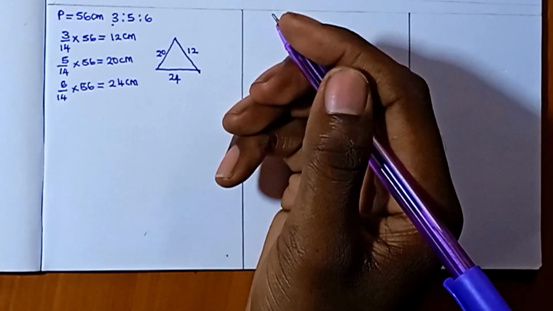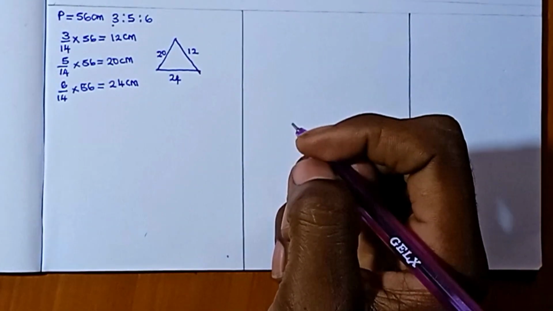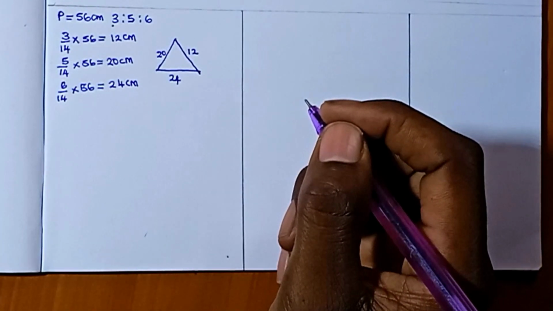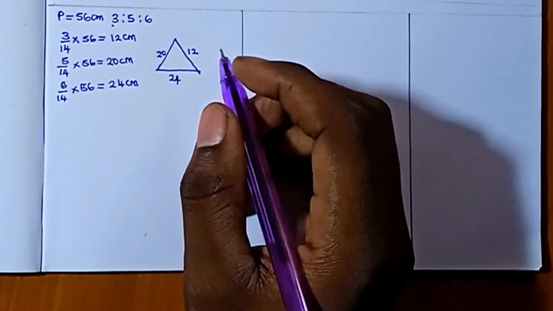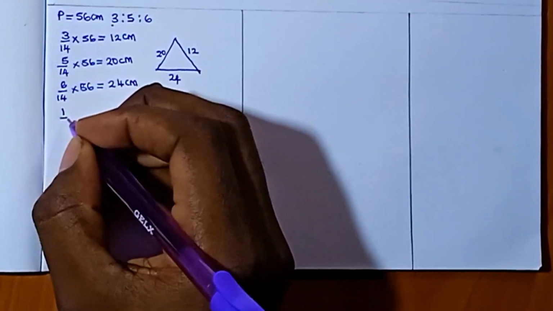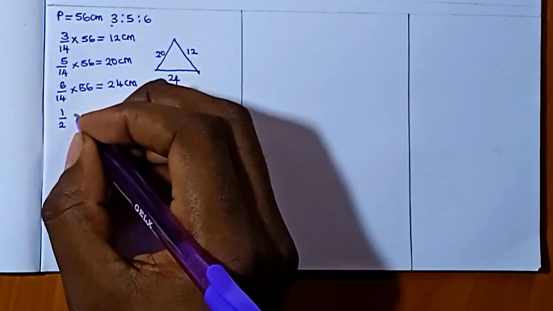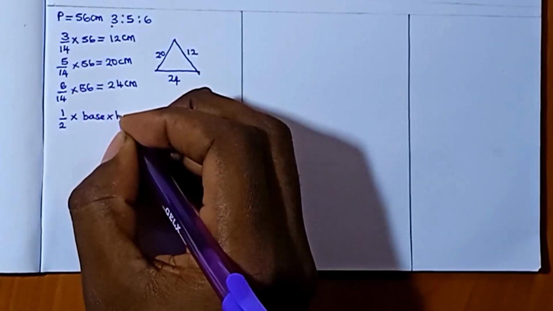In a normal situation, if we have a right-angled triangle, with 90 degrees at one corner, we normally use the formula half multiplied by the base and multiplied by the height.